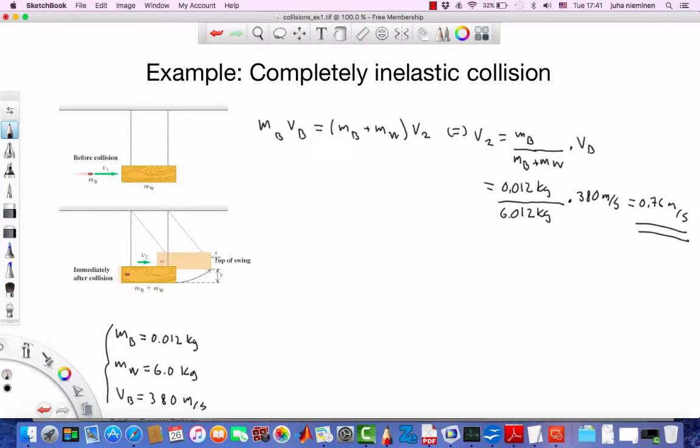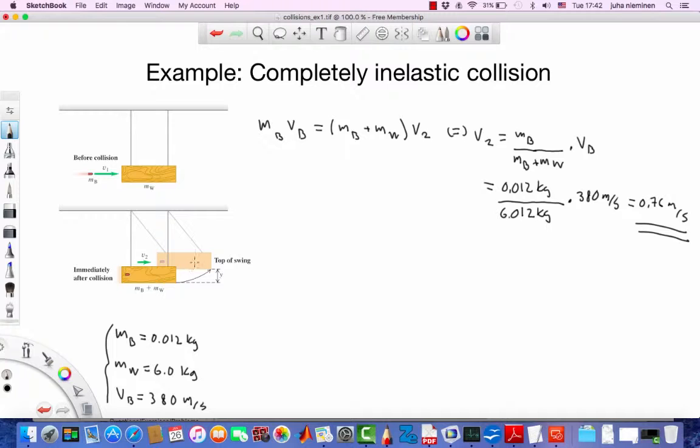And then the second part, how high does it swing? In this case, the energy is conserved because we only have conservative forces working on this system, and that is gravity. And because gravity is an external force working on the system, momentum is not conserved while this swings up.